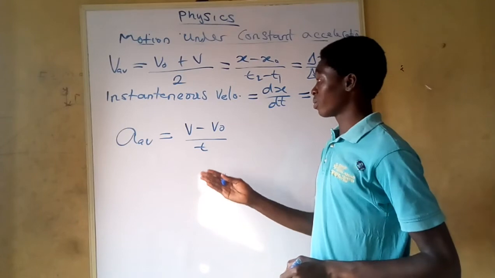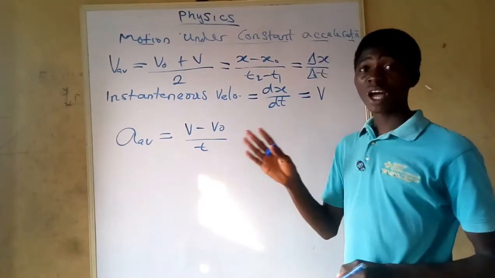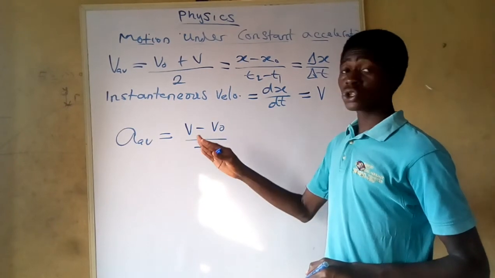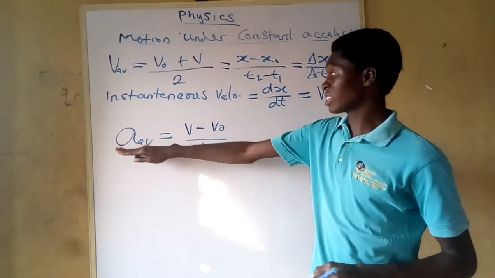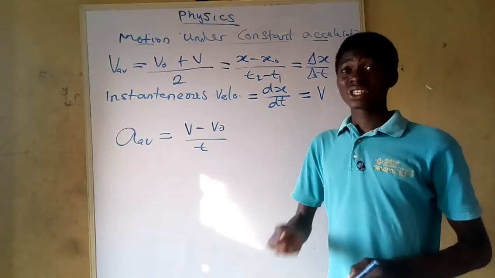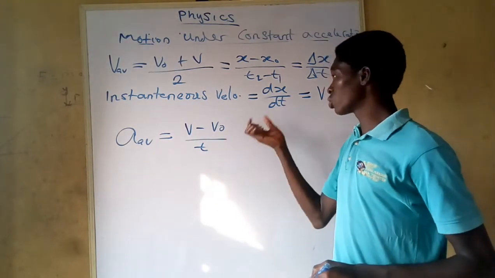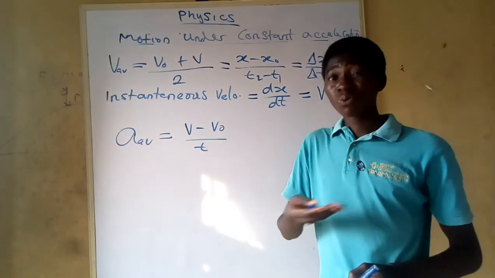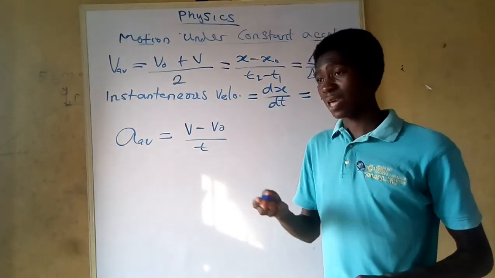But one thing we have to know is that acceleration also has what we call instantaneous acceleration. That is when the time is very short. When you hear anything instantaneous in physics, most of the time it happens within a very short period of time, like say 0.1 seconds.